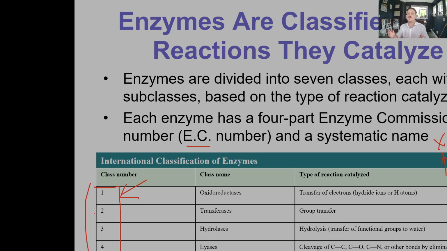Every single enzyme has a different enzyme commission number. Every single enzyme in the known universe has a different EC number, and its EC number is given by the class it belongs to first, then the subclass, then the subclass, then the enzyme number within that subclass. So that's how we name them all.